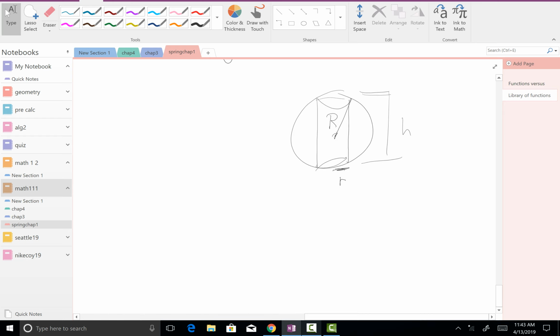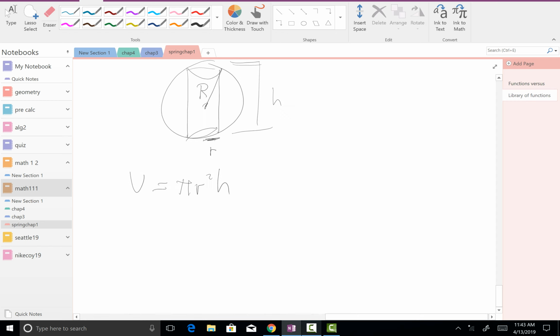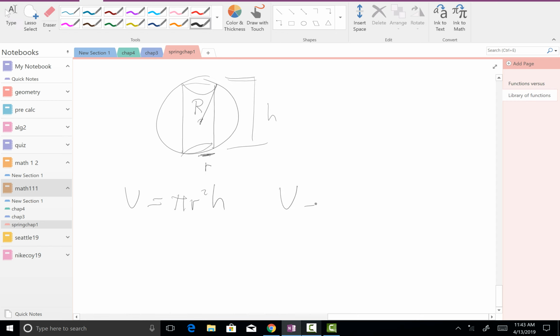Okay? So if you can picture a ball and a cylinder inside, that's what this is. So the volume of a cylinder is this. And what they want us to do is write that same volume, but in terms of this big R.